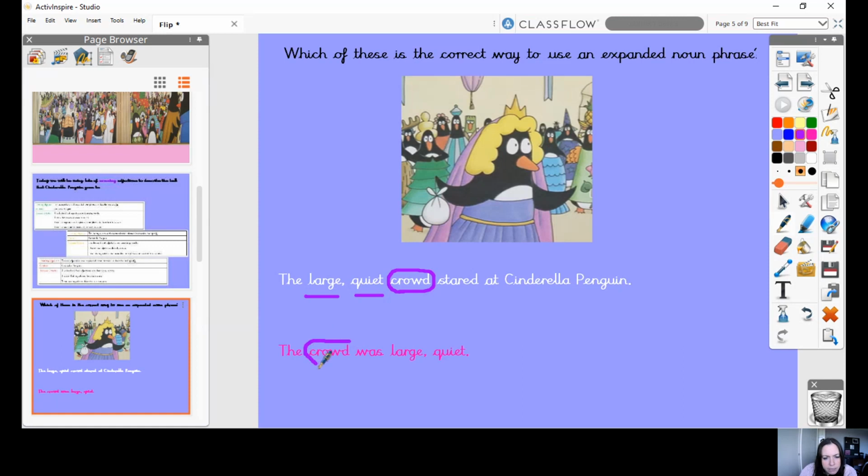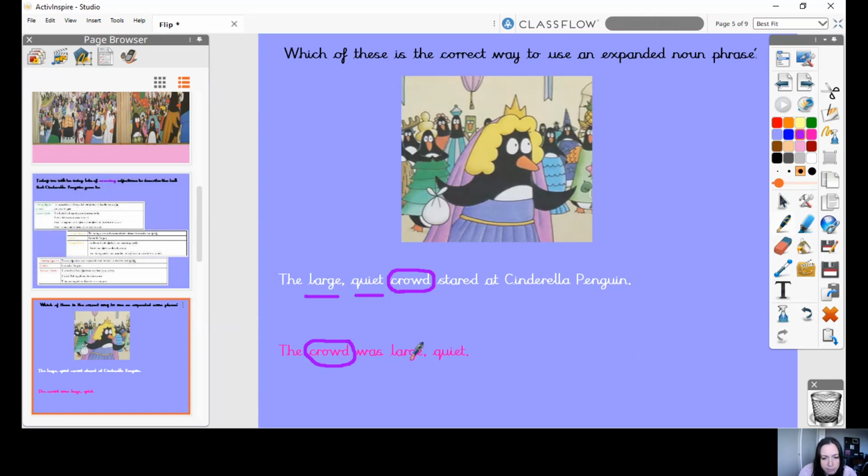Here, we've got the noun and these adjectives are coming after. Now this would still work because what you could do is you could get rid of this full stop and you could use and, because we know that we could have something, something and something. The crowd was large, quiet, and everybody stopped as Cinderella Penguin walked in the door.